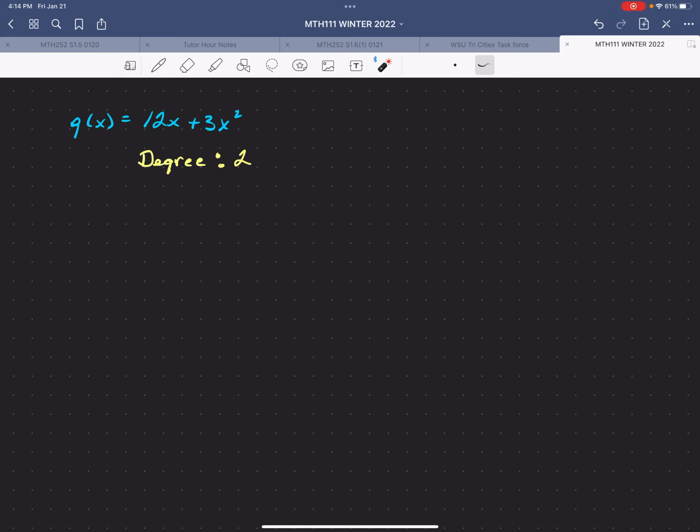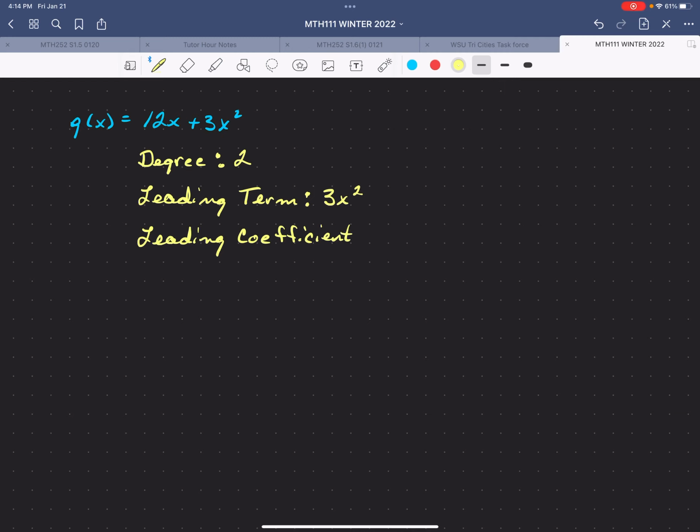The highest exponent is 2. The leading term would be 3x squared, because that is the term that includes the highest exponent. And the leading coefficient would be 3.